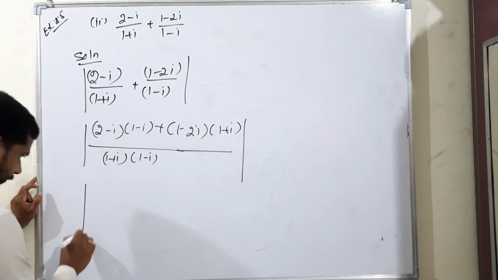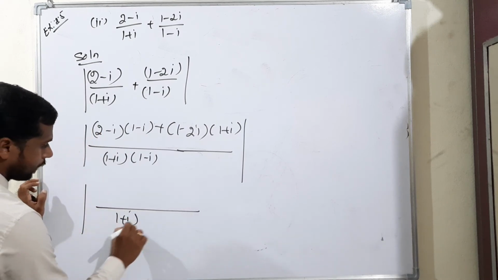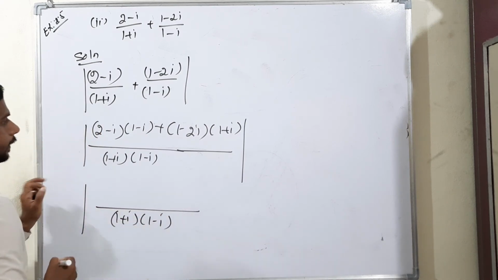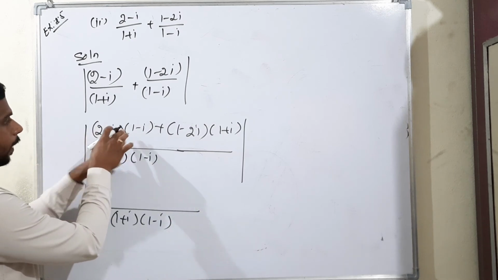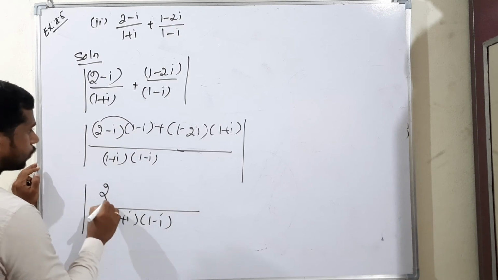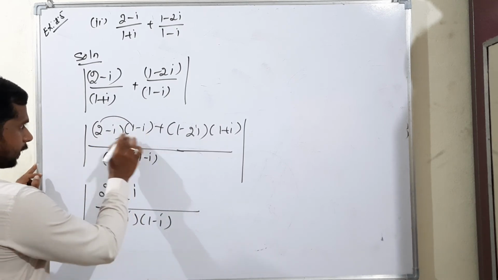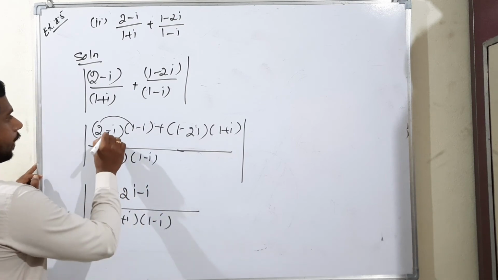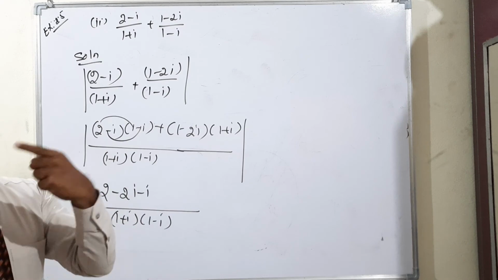Then the common denominator as it is, (1 plus i) into (1 minus i). Again if you remove the bracket, multiply 1 by 1. So 2 into 1, 2, minus i into 2, minus 2i, plus 1 into minus i, minus i. Again the last term, minus into minus plus, but i square value will be minus 1.